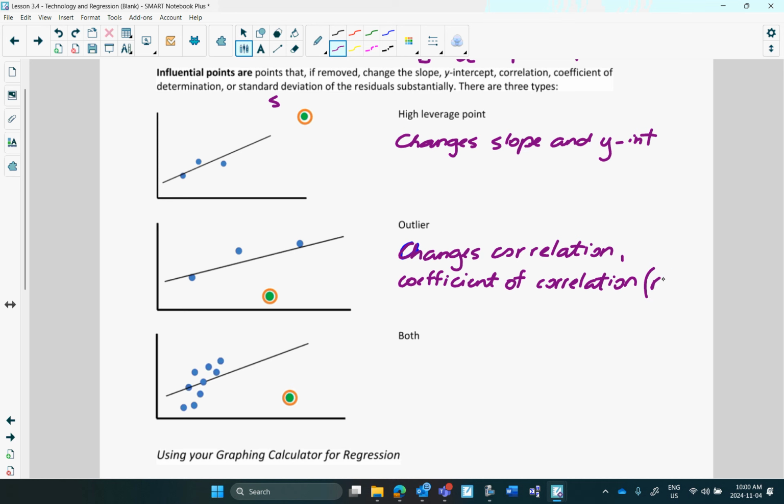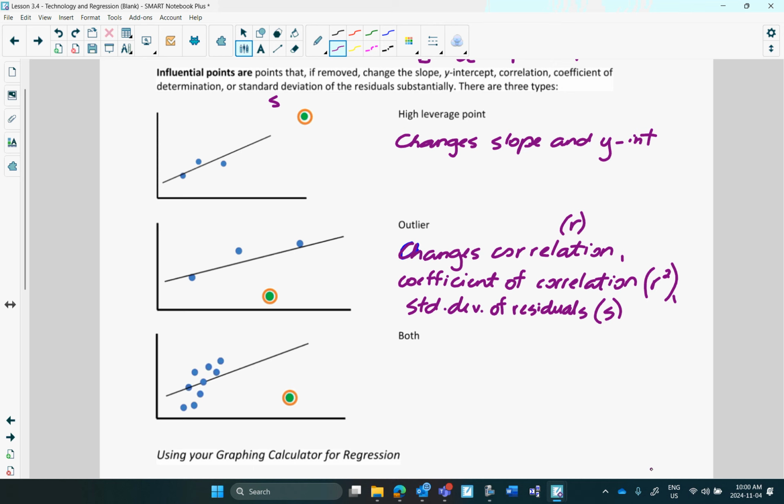That's the square. And it also changes the standard deviation of the residuals, which is S. We saw that last class.